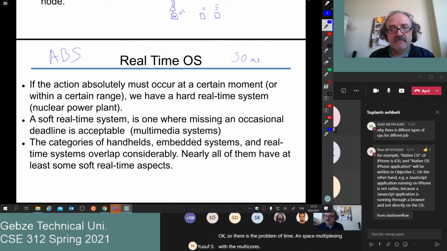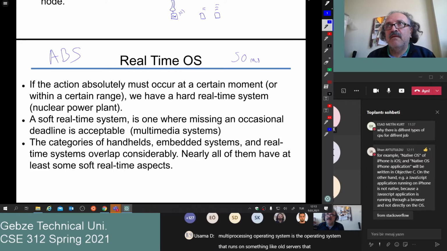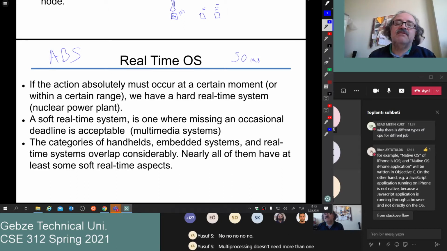Okay. So what I understood a little bit before, when you explained multi-process operating systems, is that it is an operating system that runs on something like old servers that have 2 or more processors on the motherboard. Is that correct, or did I misunderstand something? No. Multiprocessing doesn't need more than one processor.